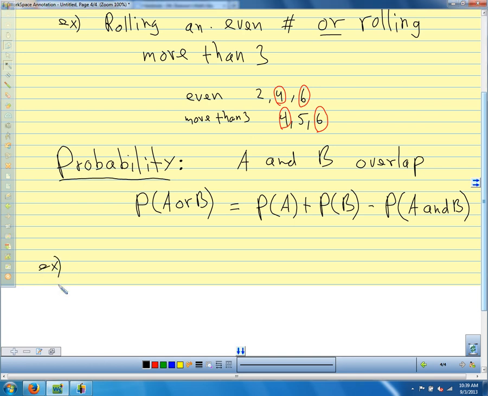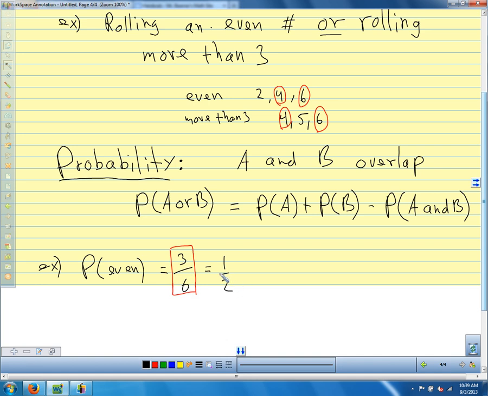So what's the probability on my die of rolling an even number? 1/2, 3 out of 6, right? We have 2, 4, and 6. Can reduce that to 1/2. Because we're adding, I'm going to use this fraction.